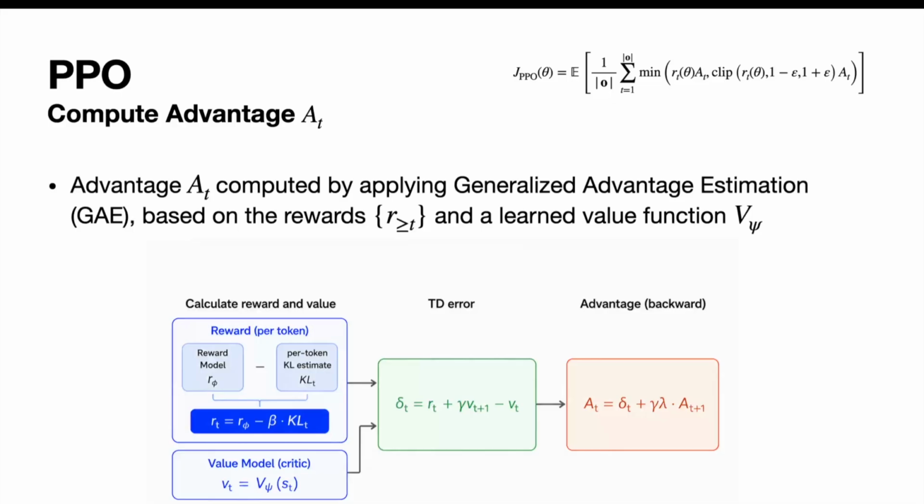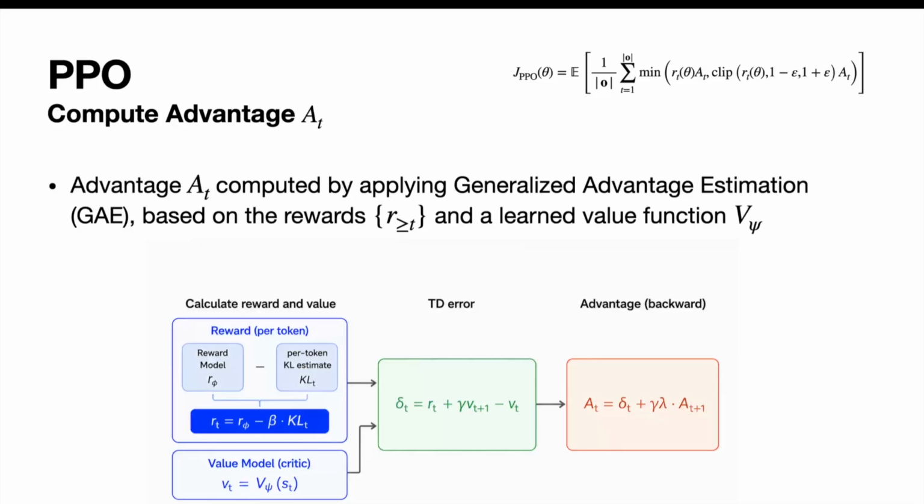This reward combines the per token KL estimate KL_t and the final token, the reward model score r_phi of q and o. Here, KL_t measures how much the policy deviates from the reference model at token t, and beta times KL_t is the penalty term we subtract from the reward.